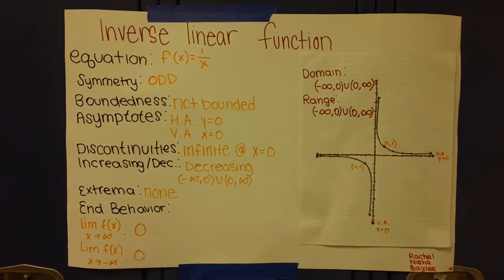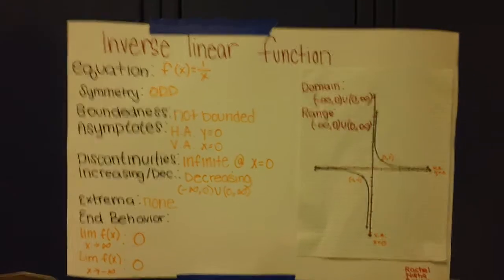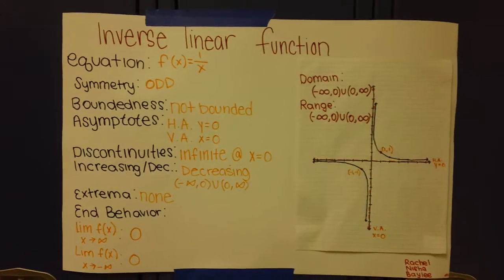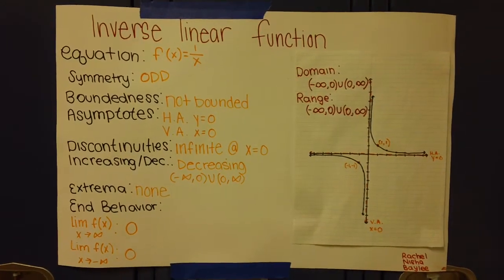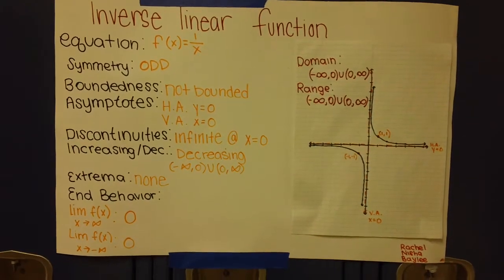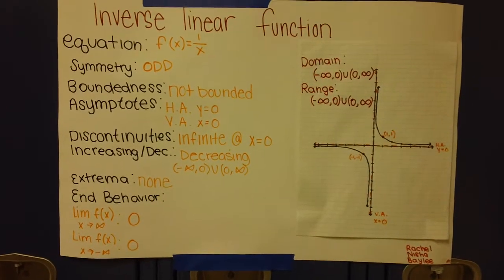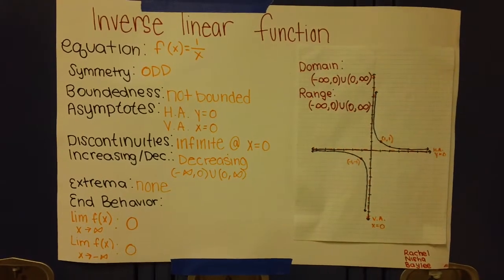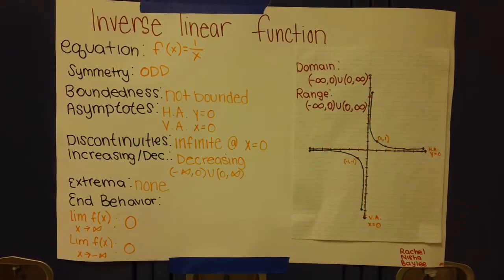Infinite discontinuity at x equals 0, and it only decreases because you're reading it from left to right, and no extrema, and the end behavior is that, and the domain and range is negative infinity to 0 and 0 to infinity, and that's the same for the range.